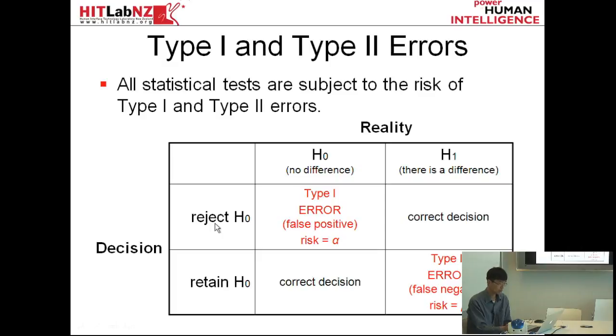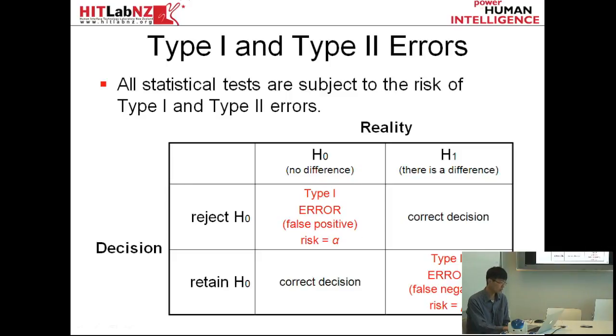Once you've set your hypothesis that your design makes a difference in terms of user performance or usability, that's your alternative hypothesis that you want to support, but it's hard to support or prove it through an empirical study. So you set a null hypothesis, which is the opposite of what you're going to say, and try to find evidence to reject it.